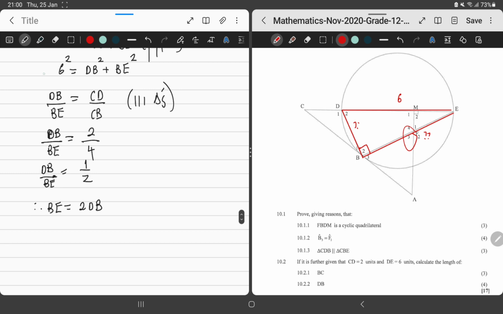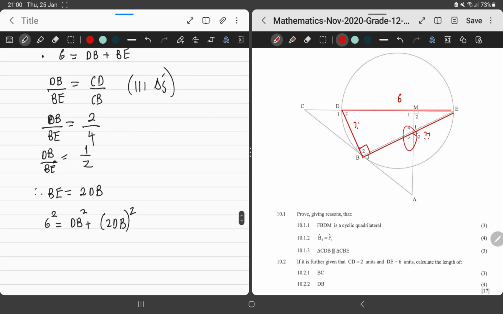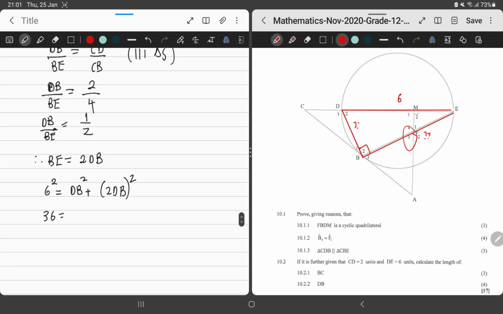So I'm just going to go back to this and say 6 squared is equal to DB squared plus BE, which is 2DB, squared. 36 is equal to 1 squared plus 2 squared, which is a 5 DB squared. Therefore, DB is equal to the square root of 36 over 5. So I'm getting 2.68 units.